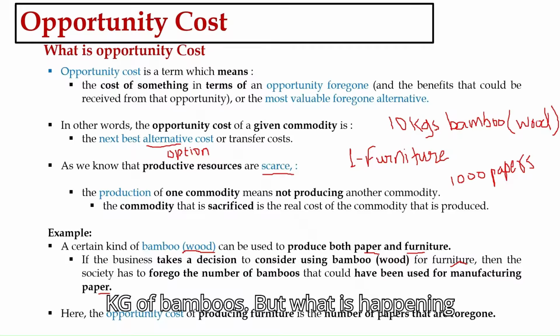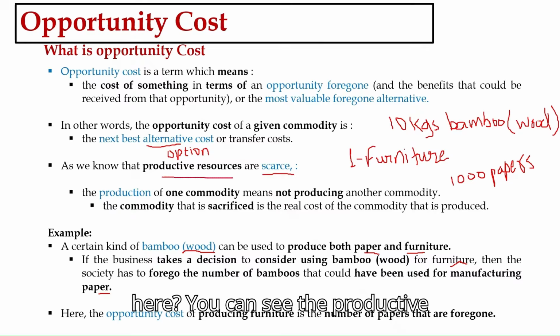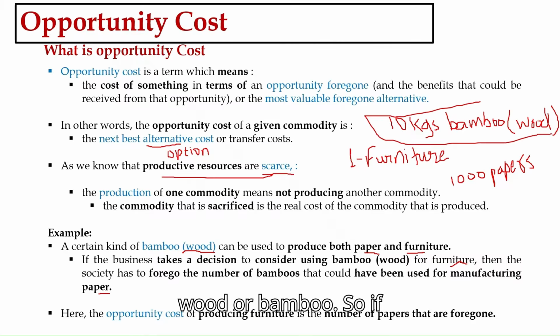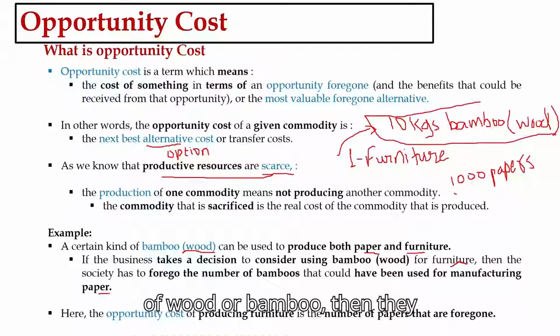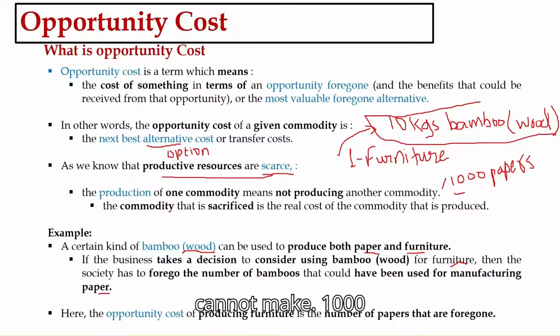But here you can see the productive resources are scarce, limited. The business has only 10 kgs of wood or bamboo. So if they decide to make furniture with this 10 kgs, then they cannot make 1000 papers.